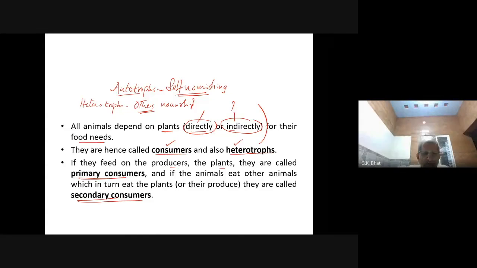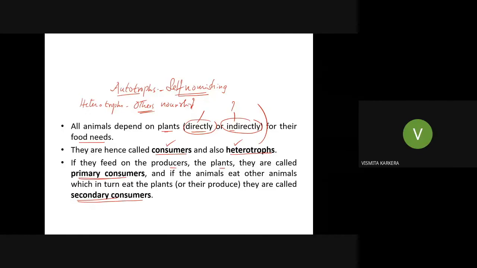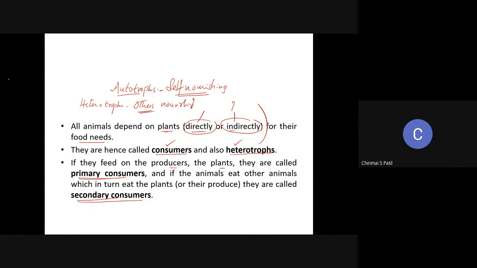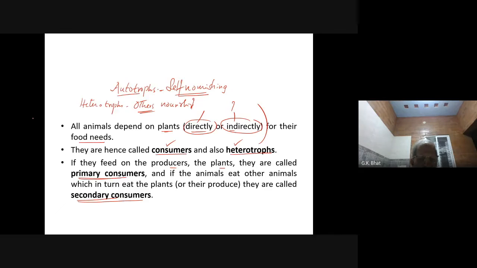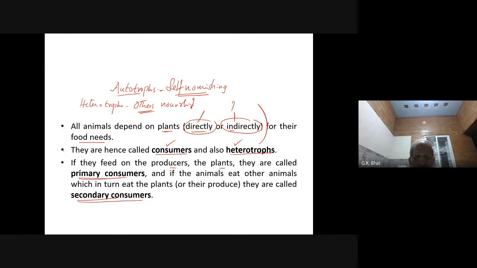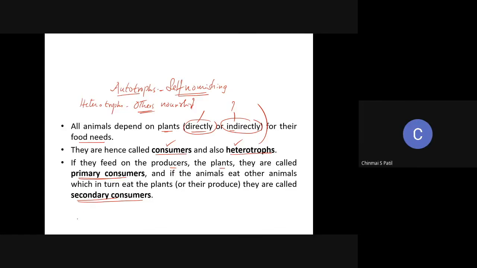Deer is primary consumer. Which is the secondary consumer? Man, lion.